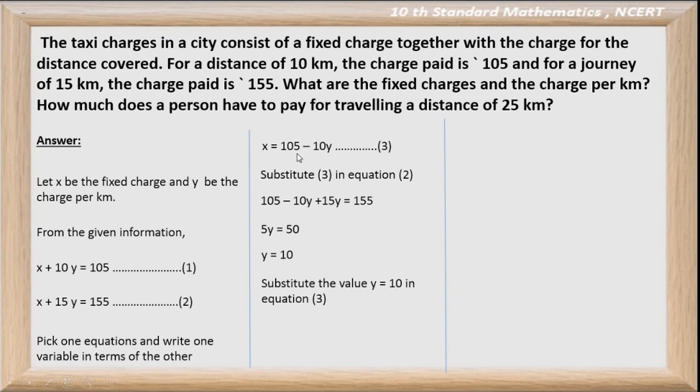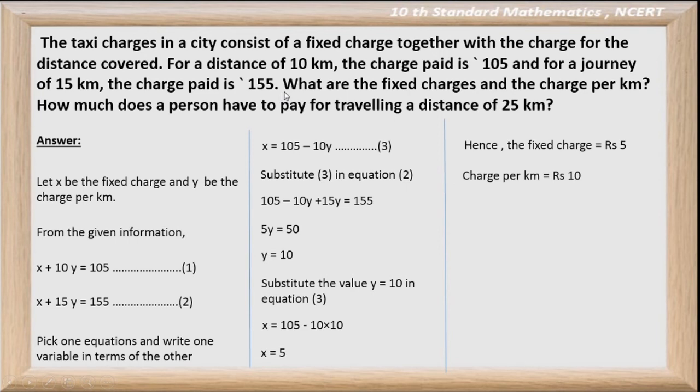Now we can find that x. x means fixed charge. See here, x equal to 105 minus 10 into y value. y equal to 10. So 10 into 10 is 100. So 105 minus 100 is 5. So we got that fixed charge. Hence the fixed charge is 5 and charge per kilometer is 10.